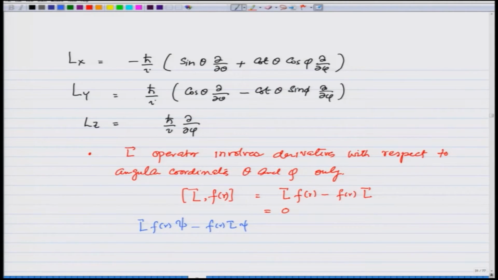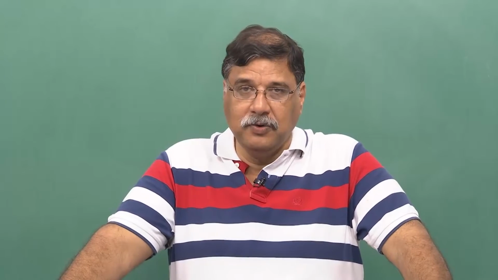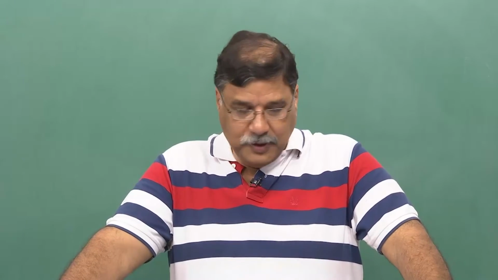Now, L has derivatives with respect to theta and phi only. So, when it operates on f, it gives you 0. So, this comes out to be f r L operating only on psi minus f r L operating on psi, because L operating on f r gives you 0 and this is 0. So, L would commute, or its commutator with any function of r alone, not r vector, r alone, the radial distance, is going to be 0.